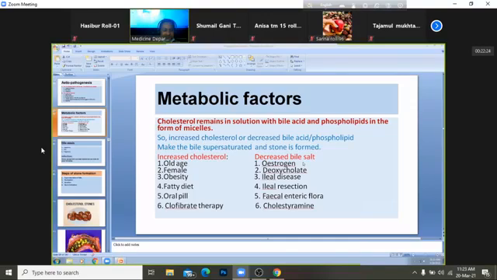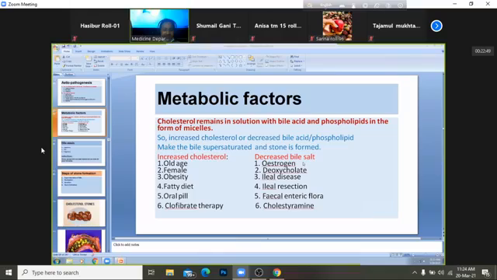So there are some situations where the absolute amount of cholesterol will be increased, like old age, female, obesity, fatty food, oral pill, and clofibrate therapy, one of the drugs which lowers plasma cholesterol by enhancing the excretion through the liver.